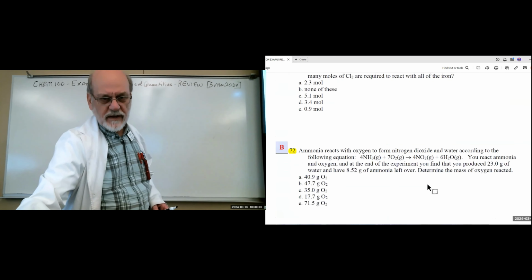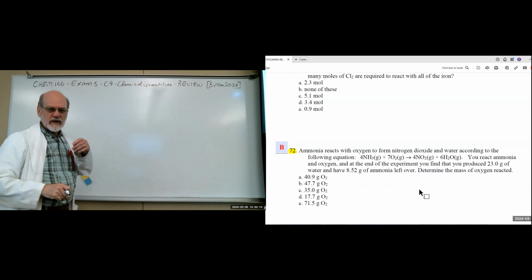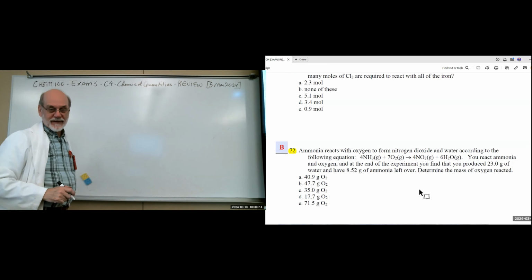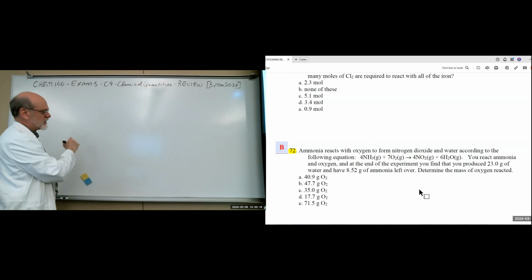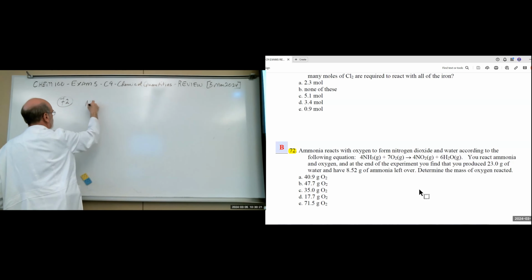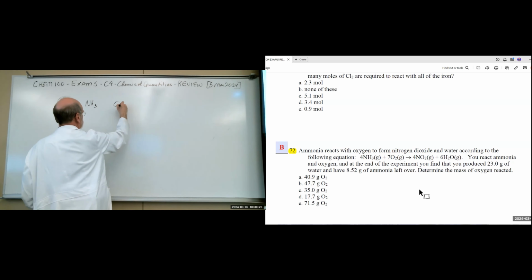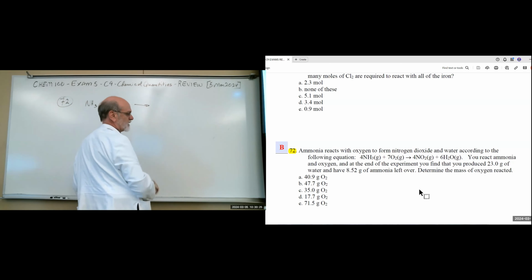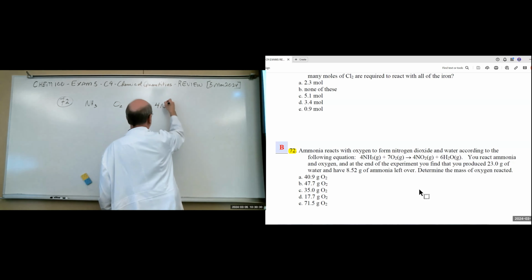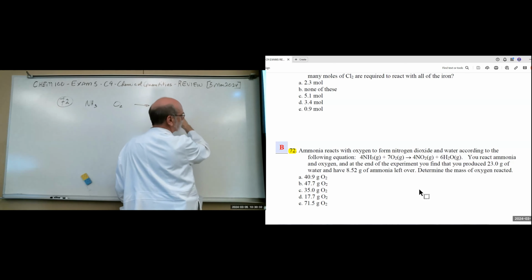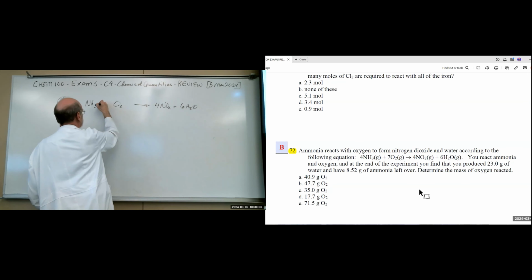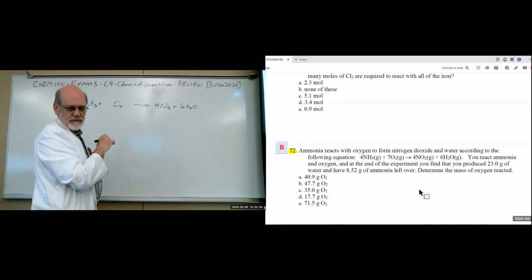All right, let's see. 71, 72 looks like it's coming up. Ammonia reacts with oxygen. Okay, we're going to burn ammonia again. All right, so let's put that up here. 72. We're going to burn ammonia and oxygen to produce NO2 and water. 6 water. And that's 4 and 7.